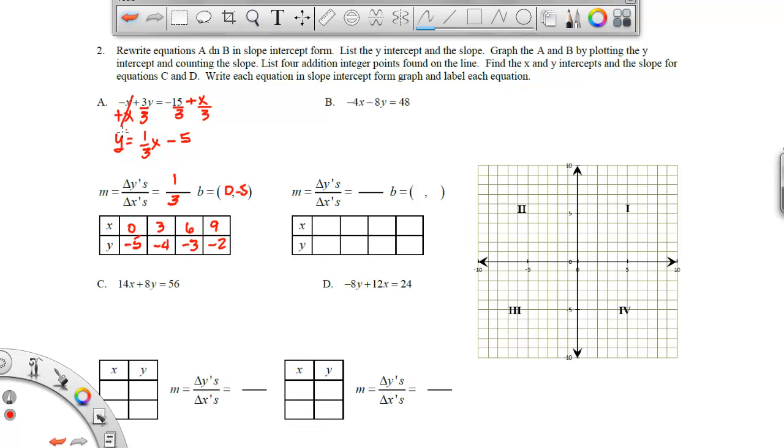So we're going to go ahead and graph this. You can either use these or look at the line, but you use one to check the other. So I'm going to graph it using the equation. I'm going to graph the y-intercept first. So there's a -5. So we start at a -5. Then I'm going to count up 1 over 3, up 1 over 3, up 1 over 3.